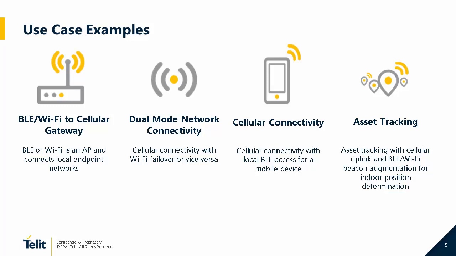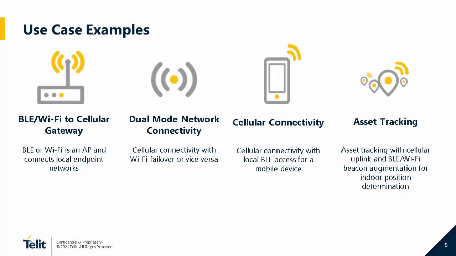So you'd have this gateway in there, and the solution would be a device that has cellular uplink to a network, and then a local wireless connection that can serve as an access point or a BLE central device that can talk with or interface with local networks of these devices.